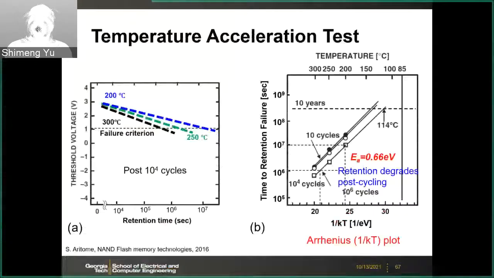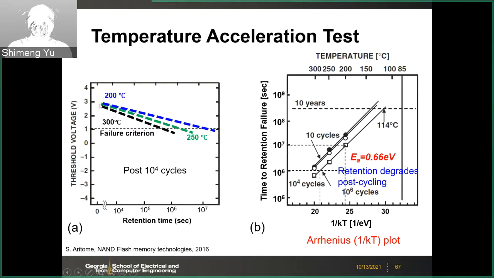So the retention is very thermally sensitive. Typically we can use this temperature acceleration test to evaluate the retention behavior. And this can be applied to other non-volatile memories as well, as we discuss later. So this is a generic approach you want to know to evaluate the retention.